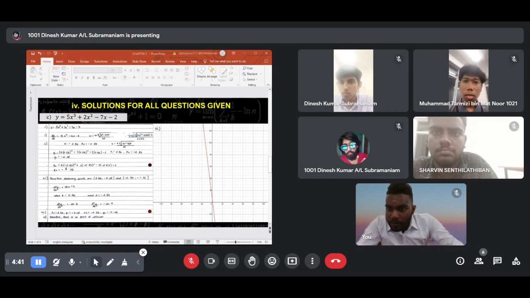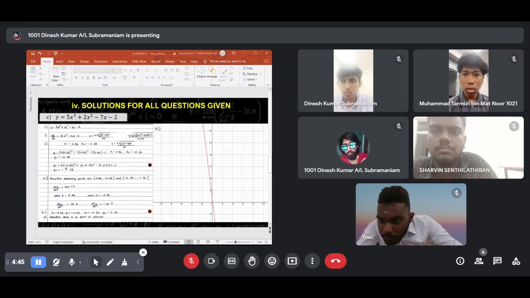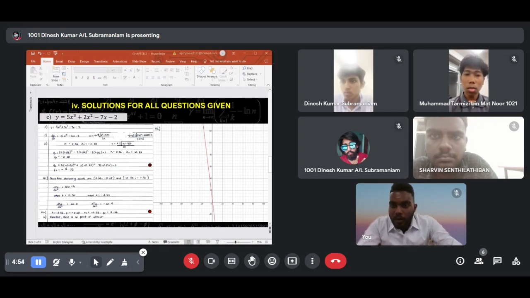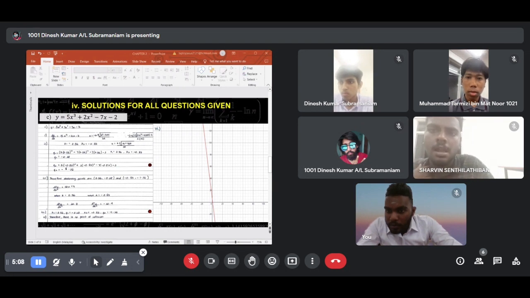By using the quadratic formula, we obtain x1 equals 0.56 and x2 equals negative 0.83. When we substitute both of these x values, we obtain y1 equals negative 0.28 and y2 equals negative 1.26.